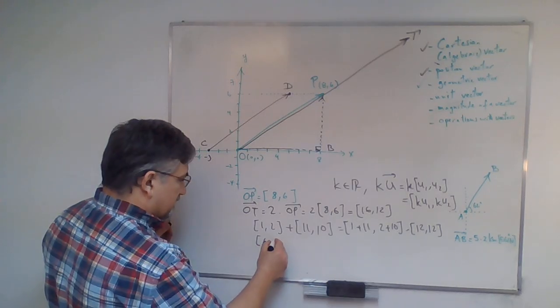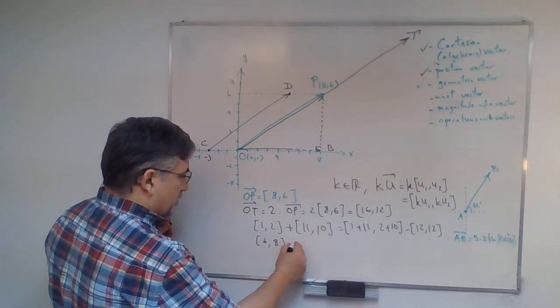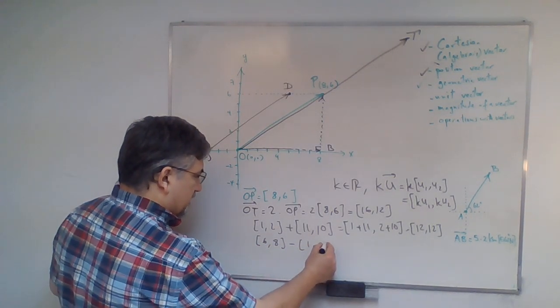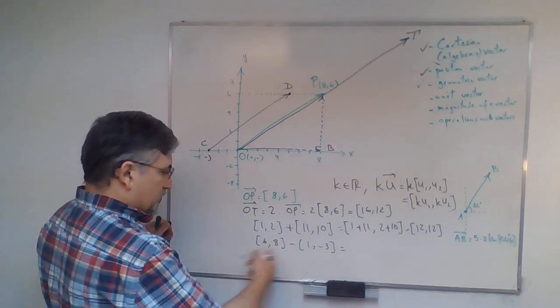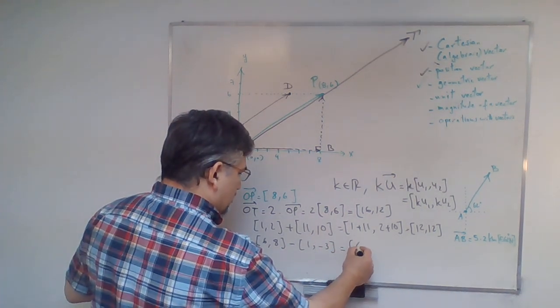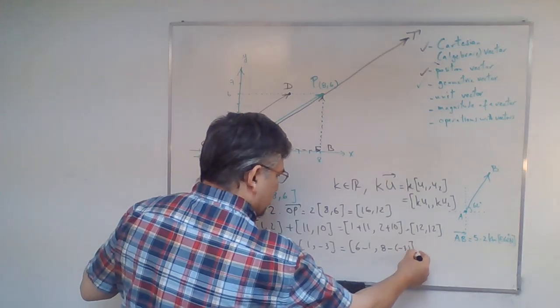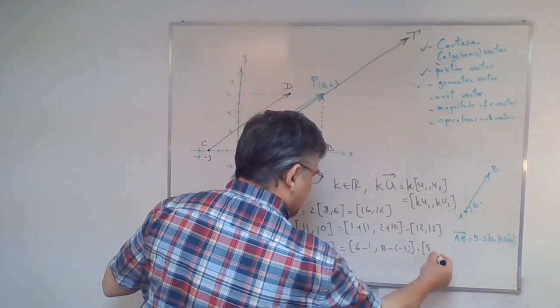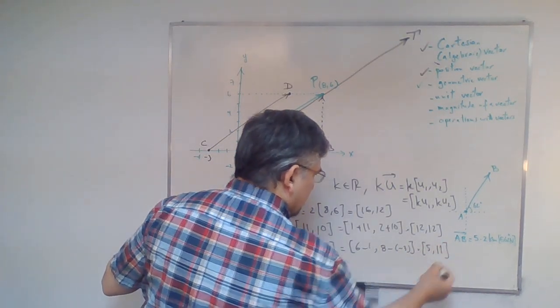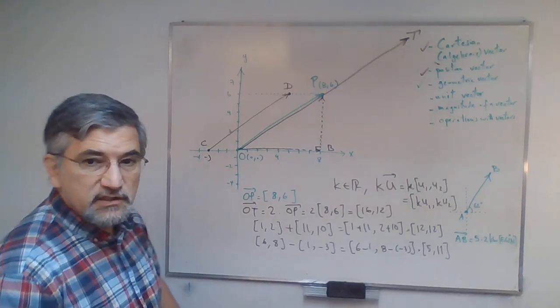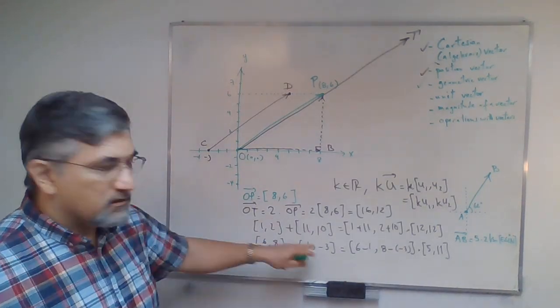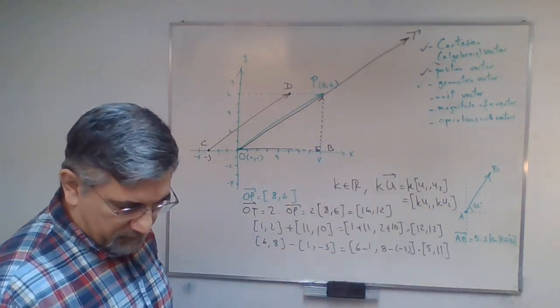So 6 and 8 minus 1 and -4. So you go 6 minus 1 and 8 minus 3. So that will be 5 and 11. So that's how you easily subtract or add 2 vectors in algebraic form.